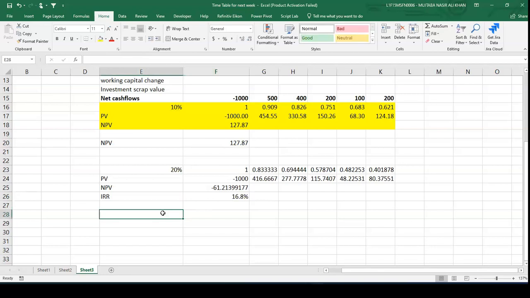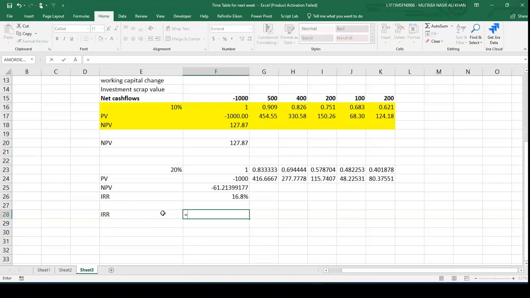Instead of doing so many steps, simply you can apply this formula, right? 3-letter word, IRR is equal to select all cash flows, all the cash flows before present value. In IRR, we will select all cash flows. Answer is 16.4%.